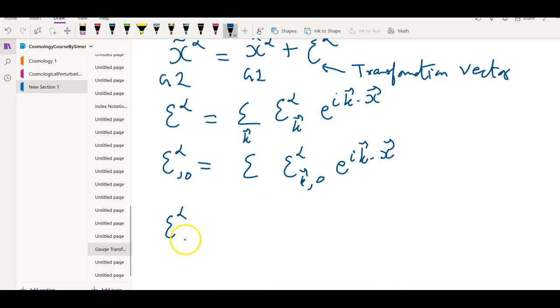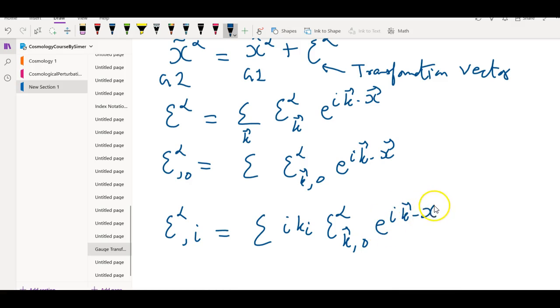For xi alpha i, the corresponding term is i ki xi alpha. So from here the corresponding term is xi alpha in k space.